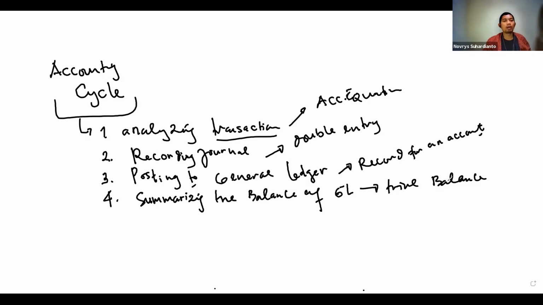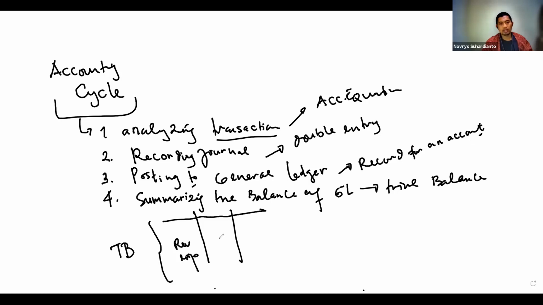And on your assignment, there's also a question. I hope you still remember the last question of the assignment. It asks whether the difference between revenue and expenses reported on the trial balance is net income. So this is the trial balance. You report revenue on credit, and you report all the expenses on debit.